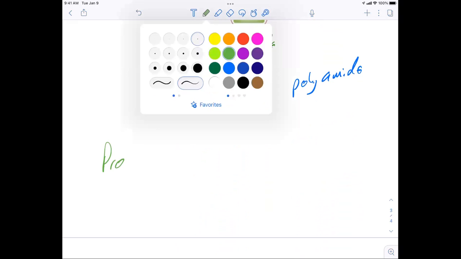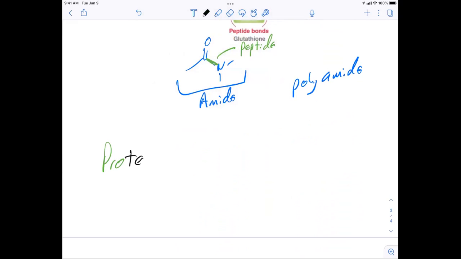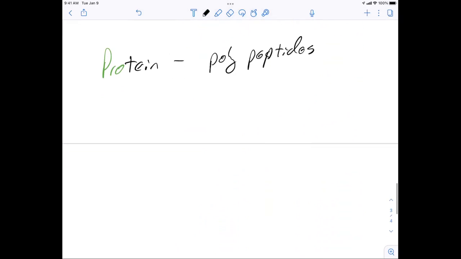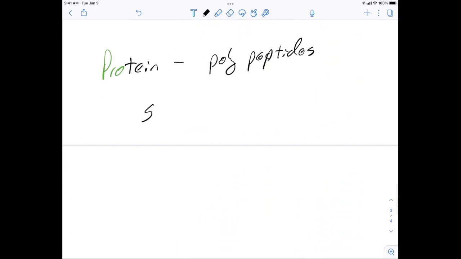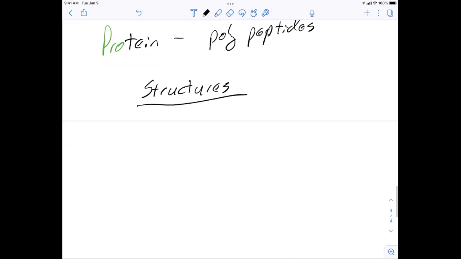Proteins are, of course, polypeptides. And a couple of specific things about proteins that I want you to take away from if you take biochemistry, you'll get into this in much more depth. But first, we need to understand the structure. And there's 4 phases of structure. We have primary structure.